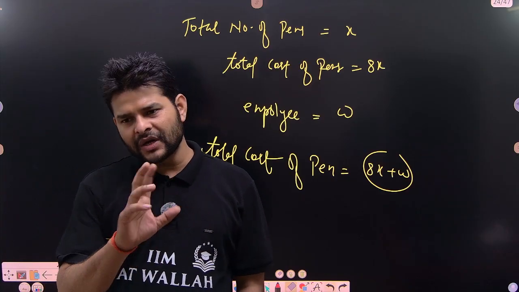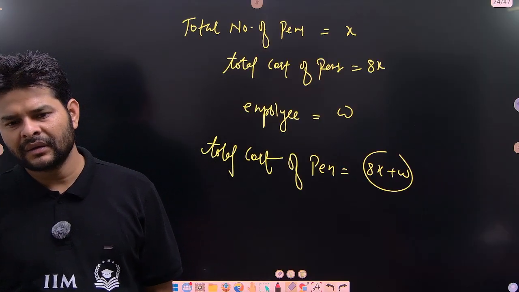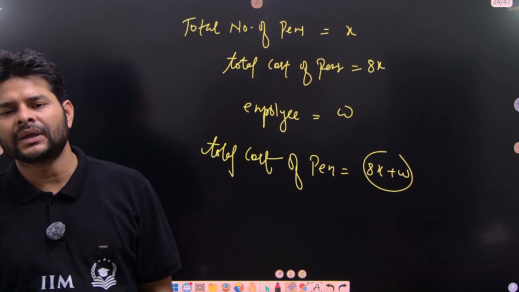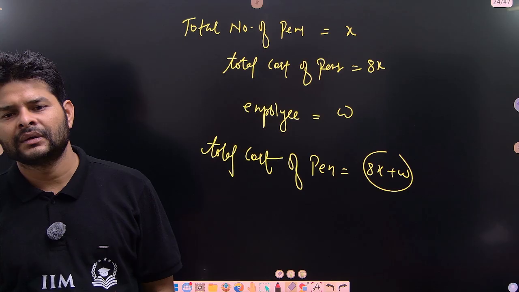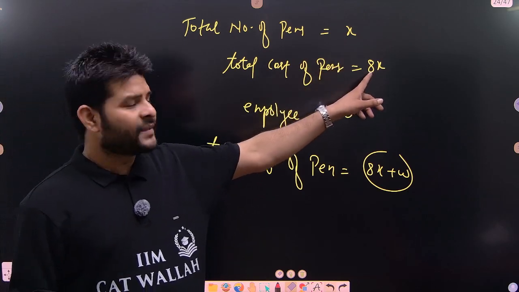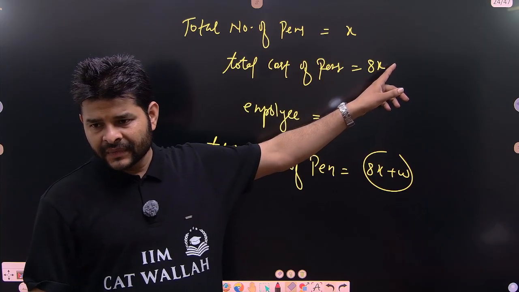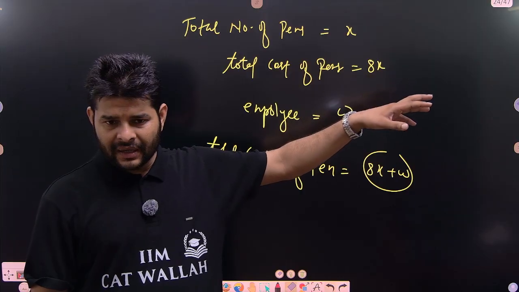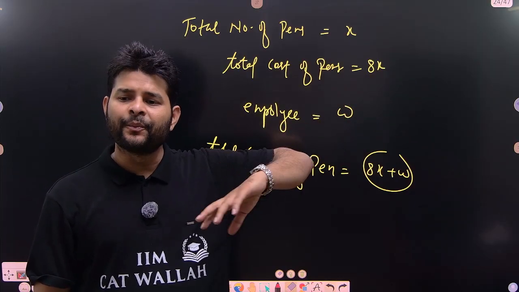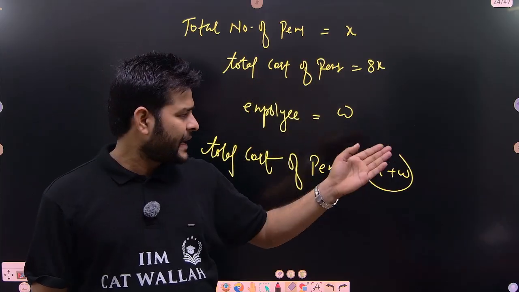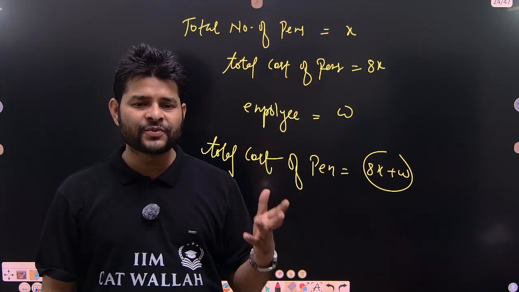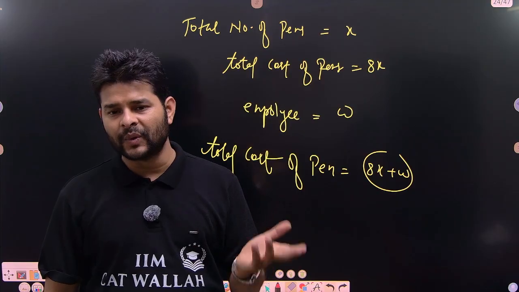So the total cost of the car for me would be the cost price. Similarly, I have invested 8x to buy x pens, and I hire an employee to sell them, and the employee's wage is W. So for me, the cost price would be 8x plus W.